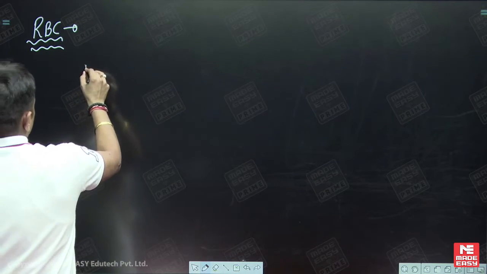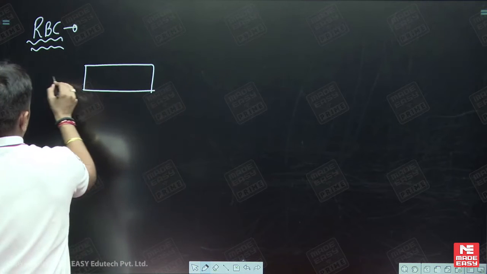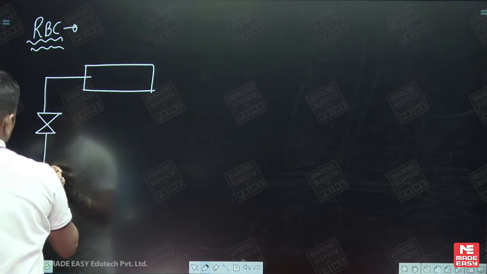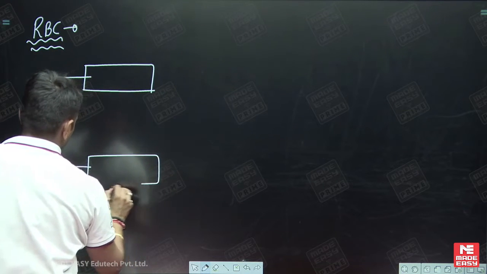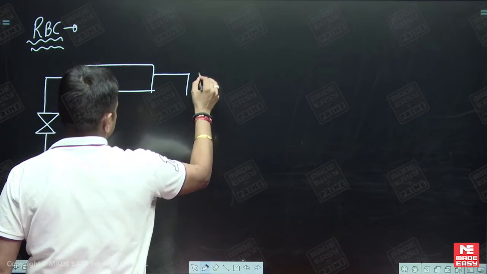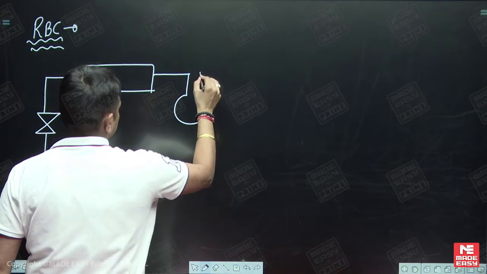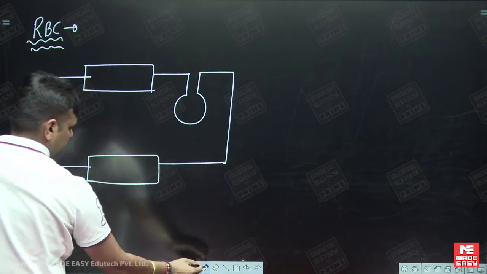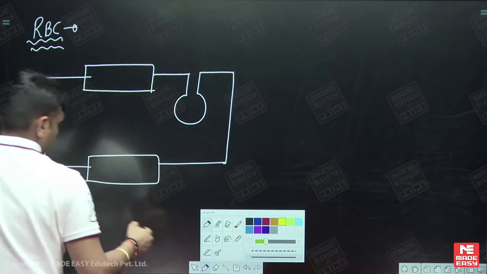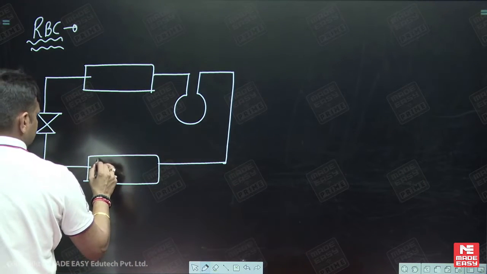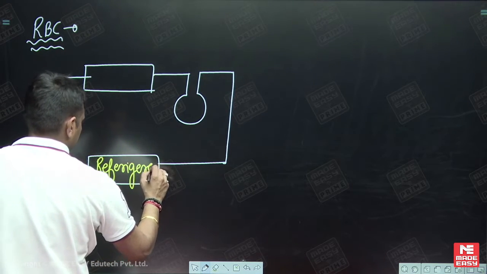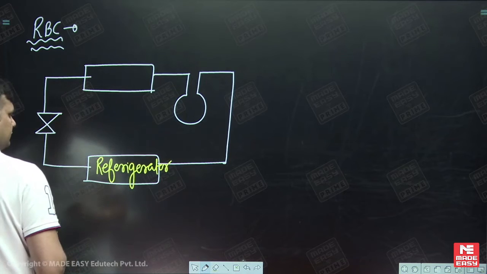Okay. So in this case this is your block diagram, because all the objective questions I will include in this. So please try to listen carefully. This is the rough block diagram of this chapter. In this case, this is called the refrigerator.